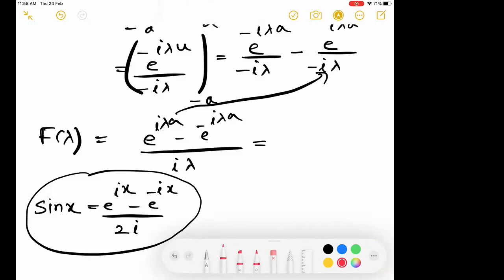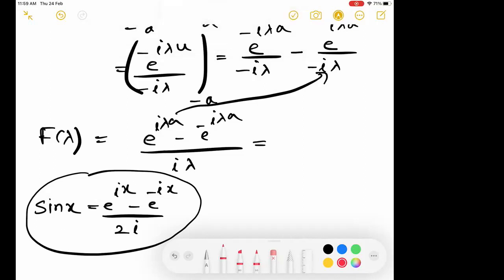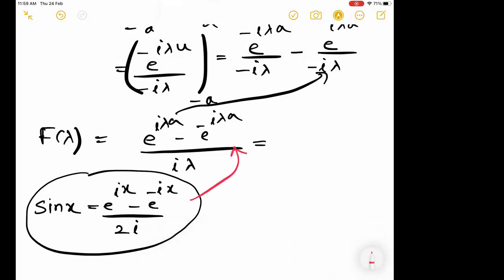Just think over how we can write it in the sine form. Compare the result: e raised to I theta minus e raised to minus I theta upon 2i is sine theta. So this is sine, and upon 2i.